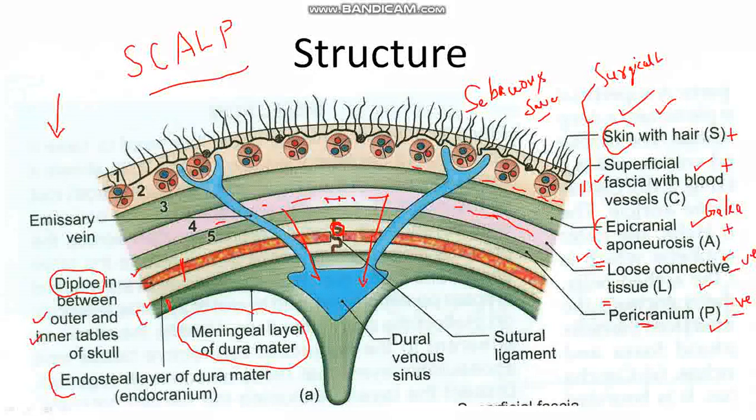That's why it is the danger area of the scalp, and this area is also known as the safety area because when a hematoma is collecting, this is loosely arranged, so the blood collects in a generalized manner, not in a localized manner, so the pressure spreads evenly over all parts.